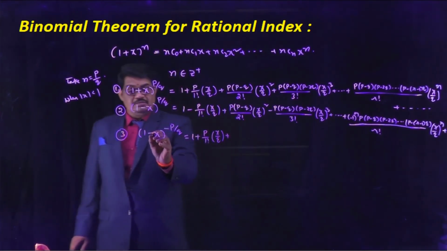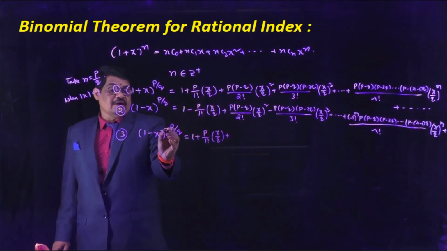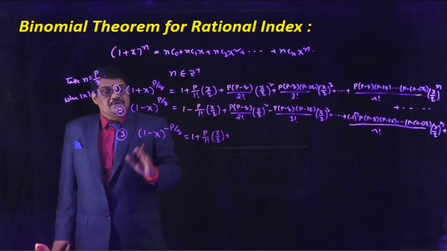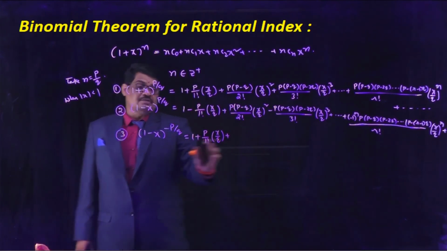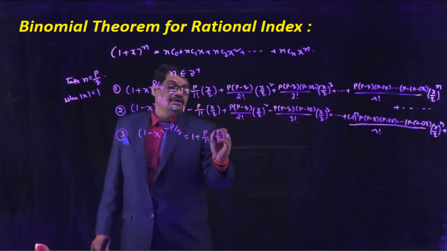Here both are minus, in (1−x)^(−p/q). Since there is a negative in both places, the terms are all positive: p by 1 factorial into x by q.